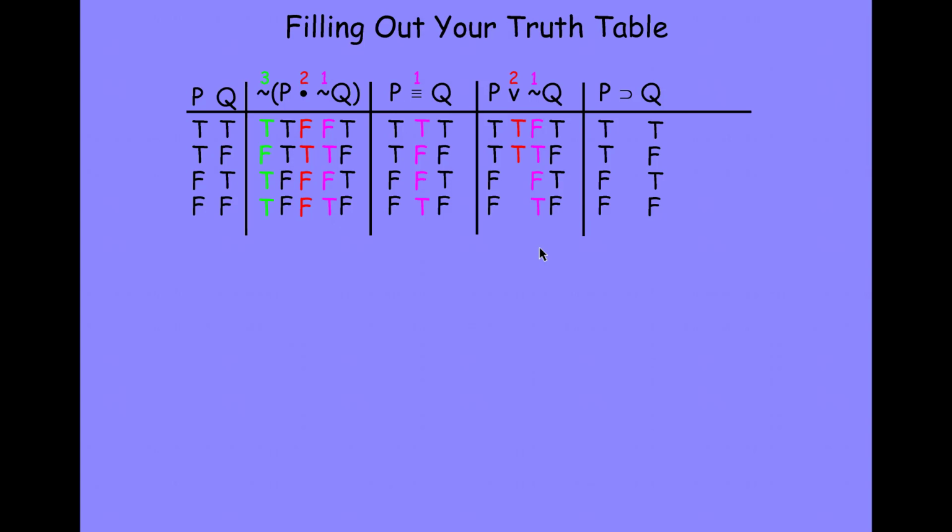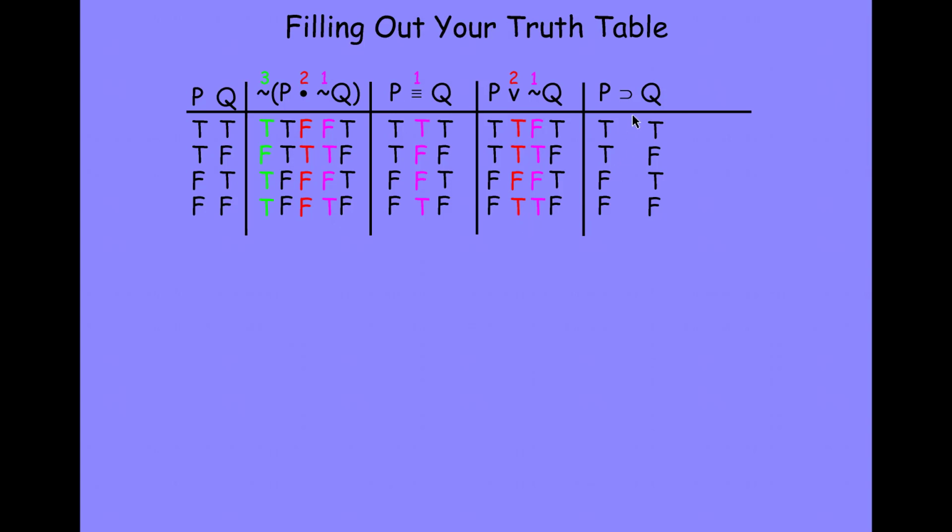So this is the one case where a wedge or disjunction will be false. And then that last row, P is false, tilde Q is true. And so there's at least one disjunct that's true, and the disjunction will also be true. So now we've filled out our truth table for this formula. Its truth value under that last connective, the main connective, is the truth value for that formula every different way that the world could be.